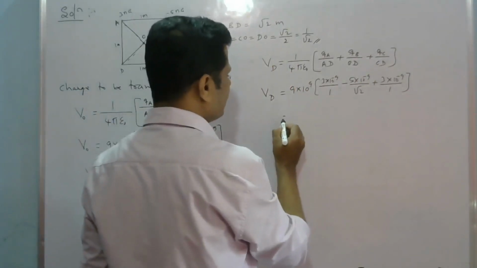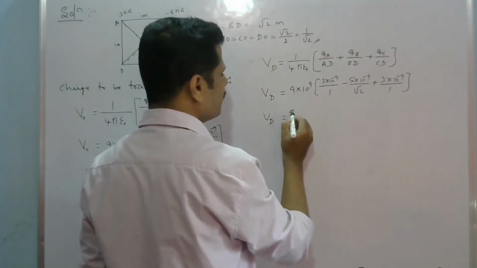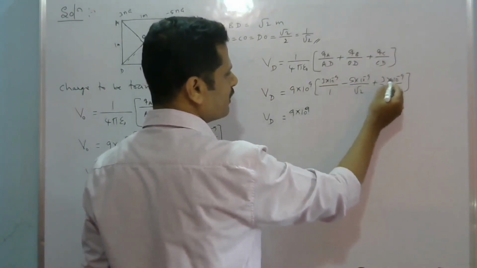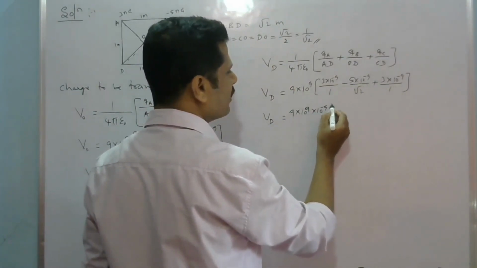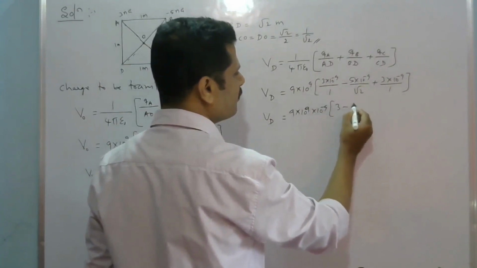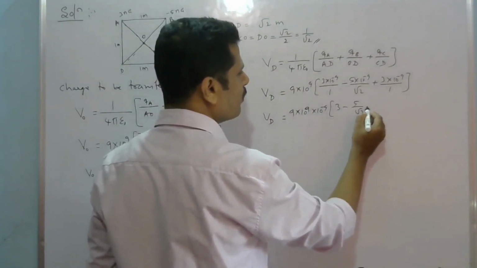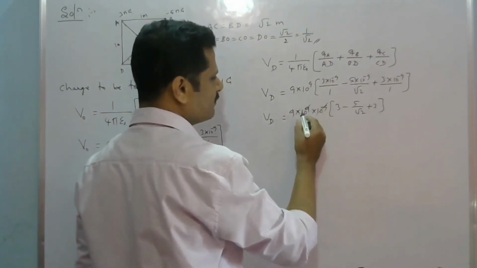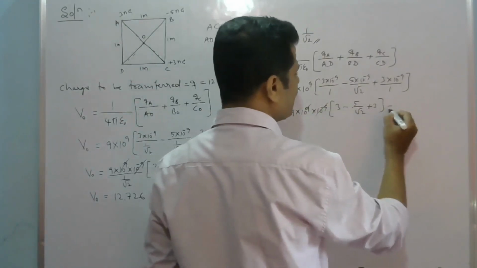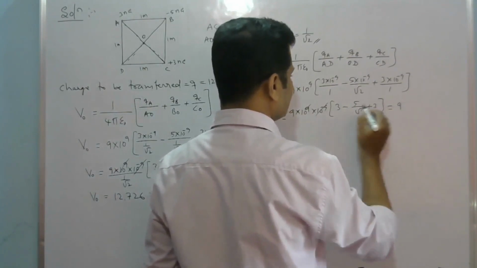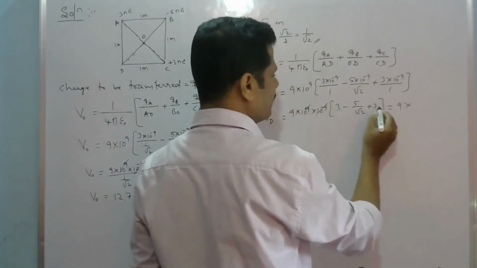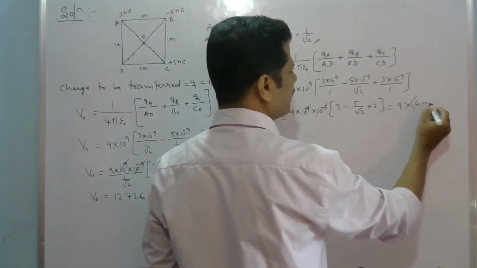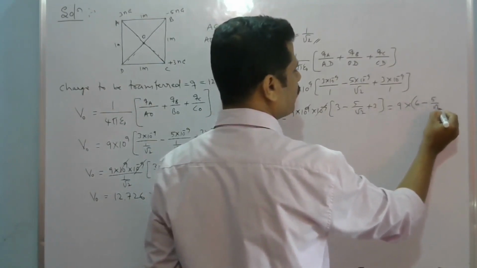So now on simplifying this, VD equals 9 into 10 raised to 9, and here 10 raised to minus 9 can be taken outside, and we get 3 minus 5 by root 2 plus 3. The 10 to the power plus 9 and 10 to the power minus 9 cancel, and it becomes 9 into 3 plus 3, 6, minus 5 by root 2.